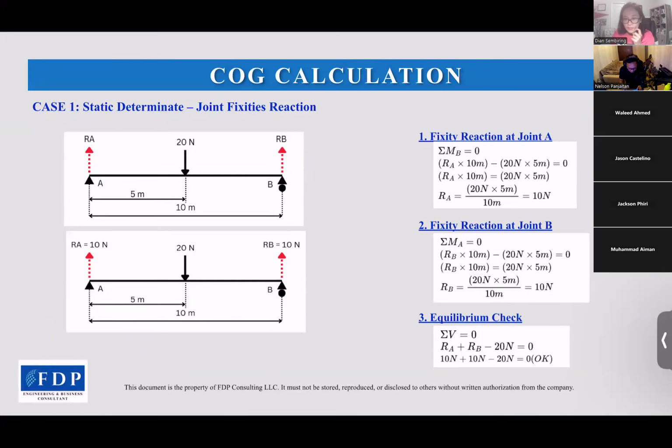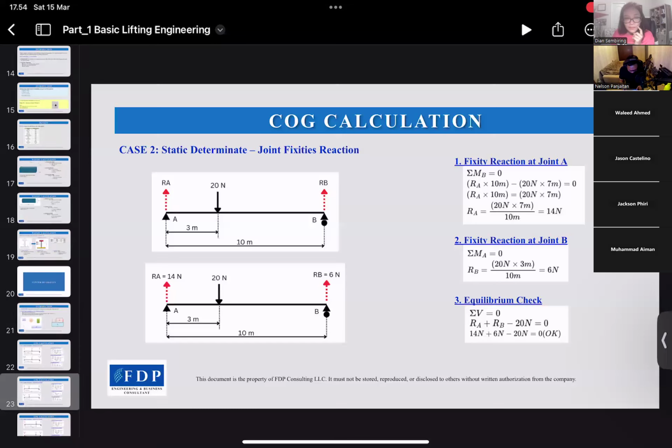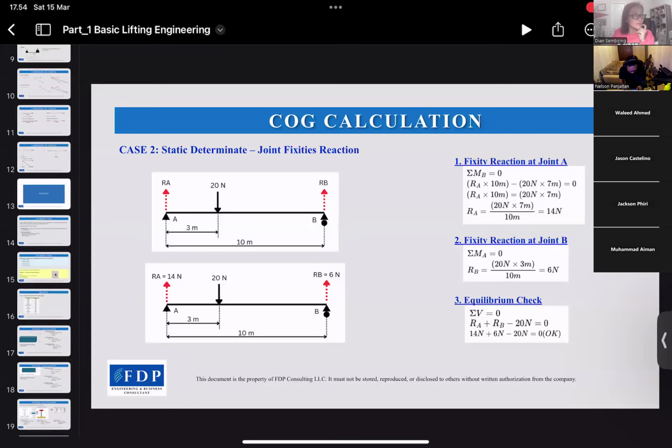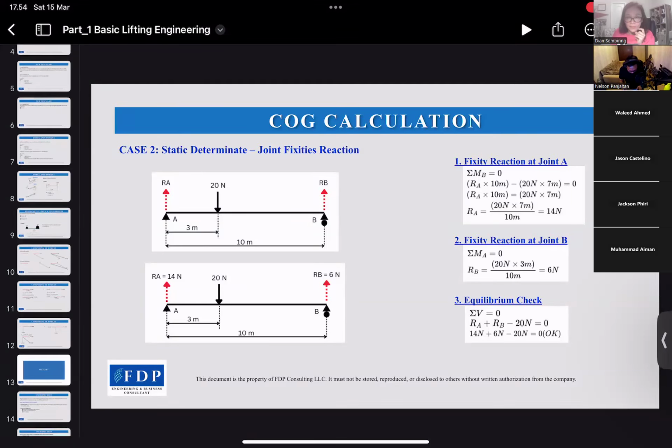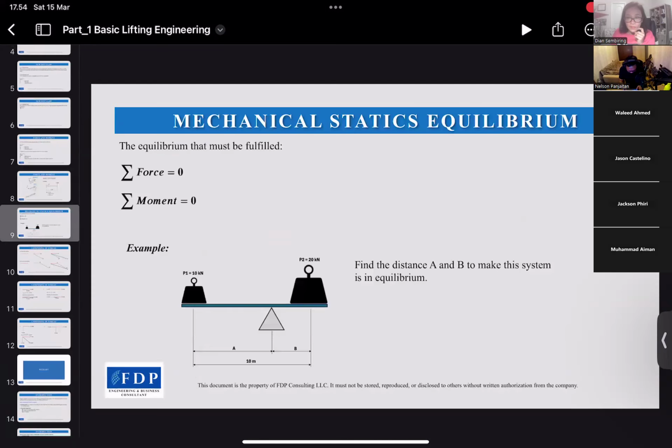The basic statics equilibrium says that the total forces equal zero, and the total moment equals zero.